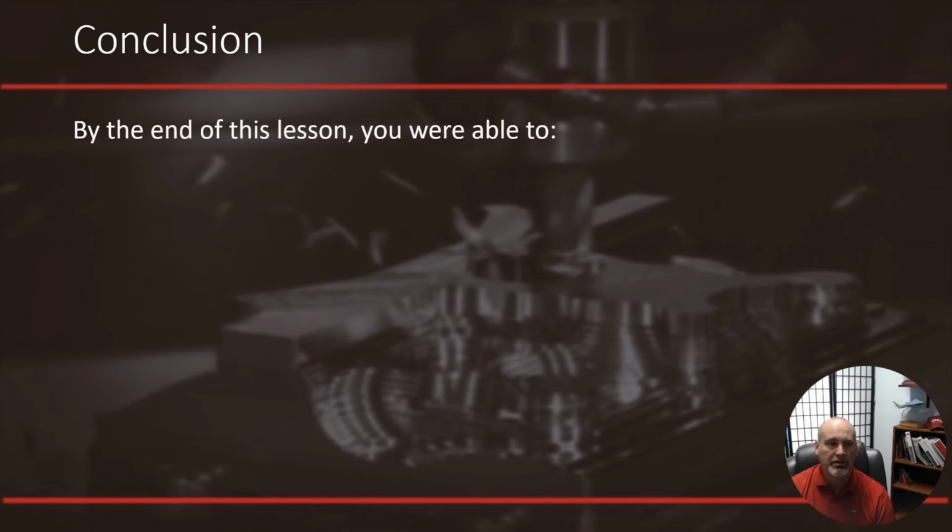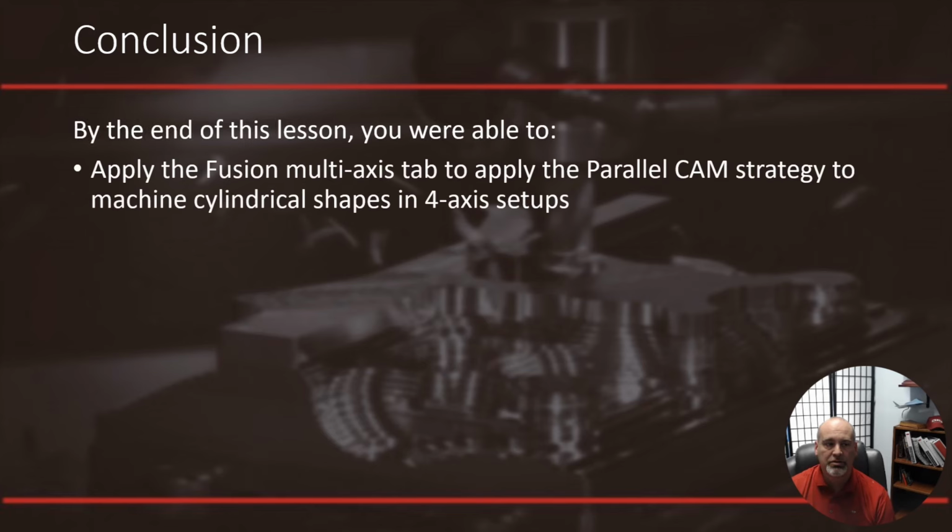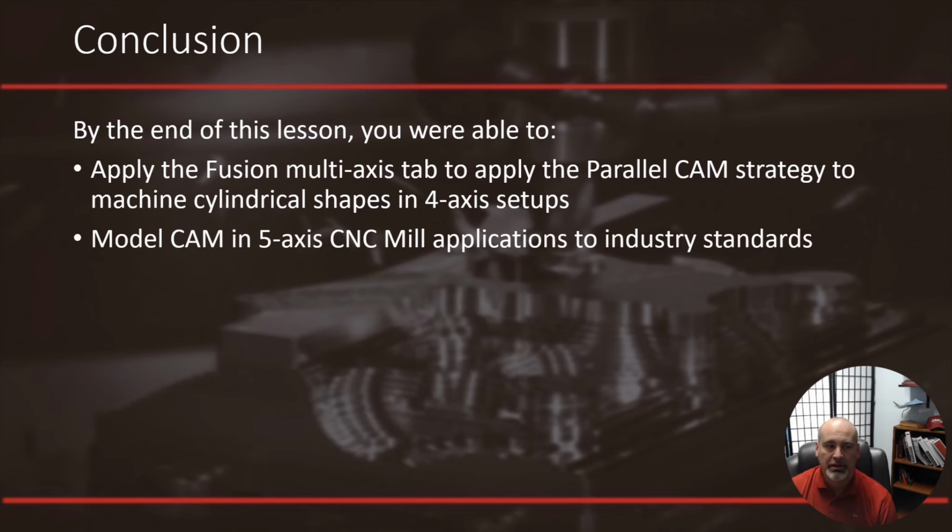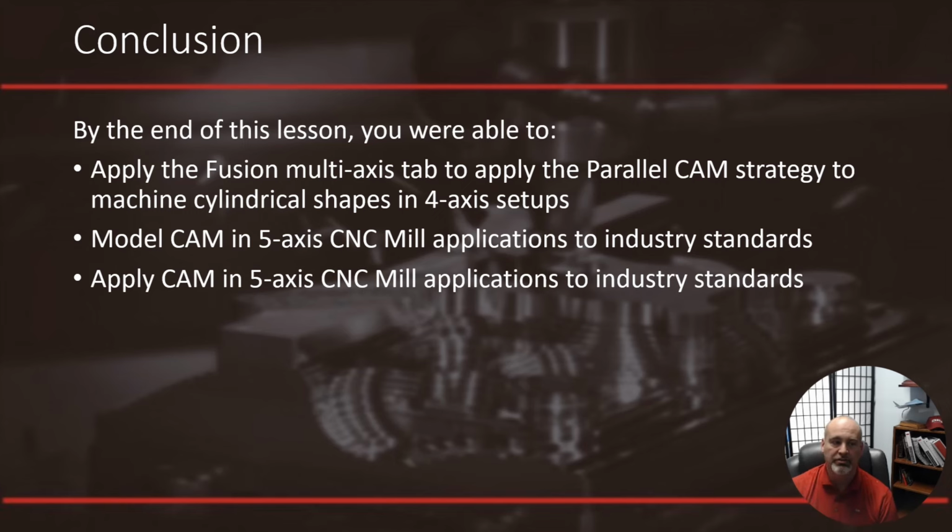And by the end of this lesson, you should be able to use the Fusion multi-axis tab to apply the parallel CAM strategy to machine cylindrical shapes in a 4-axis setup. You should be able to apply CAM in 5-axis CNC mill applications to industry standards.